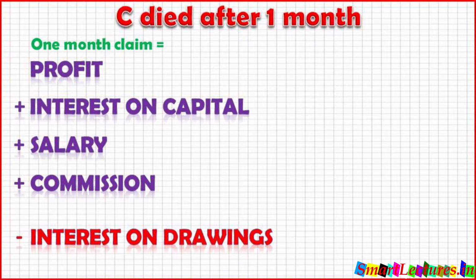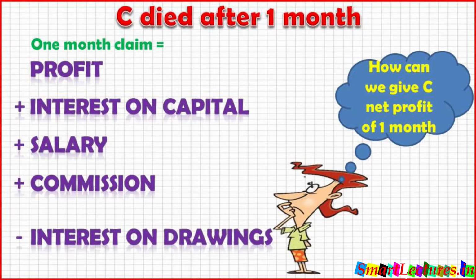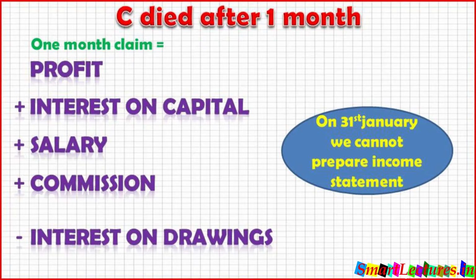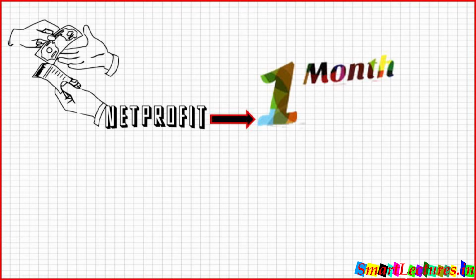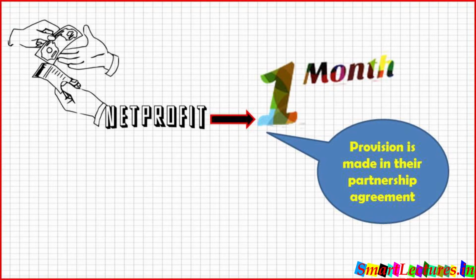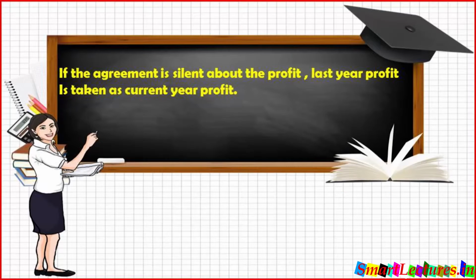Net profit, how can we give him 1 month net profit? Because on 31st January we cannot prepare an income statement, but we have to pay net profit for 1 month. For this situation, generally a provision is made in their partnership agreement. If the agreement is silent about the profit, in that situation last year profit is taken as current year profit.